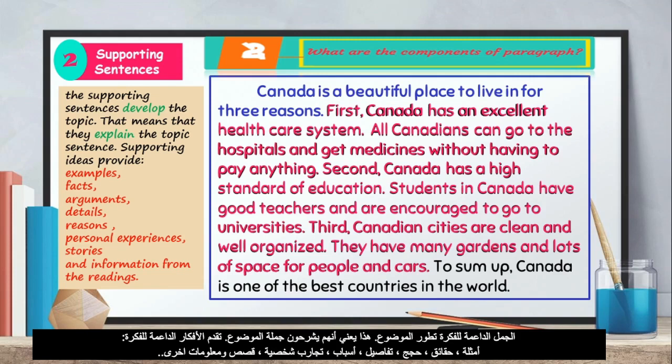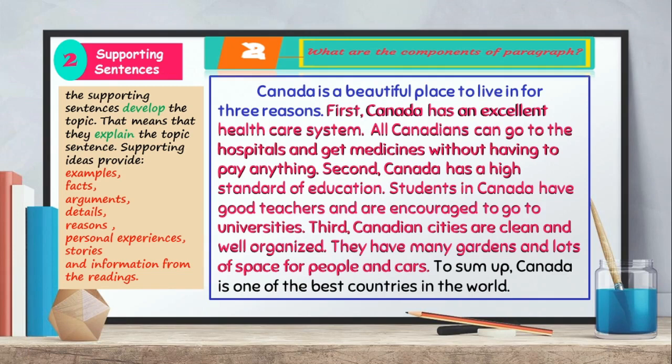Supporting ideas can give or provide examples, facts, arguments, details, reasons, personal experiences, stories, and information from the readings. In the supporting sentences or the body, the writer should explain in detail the topic sentence.